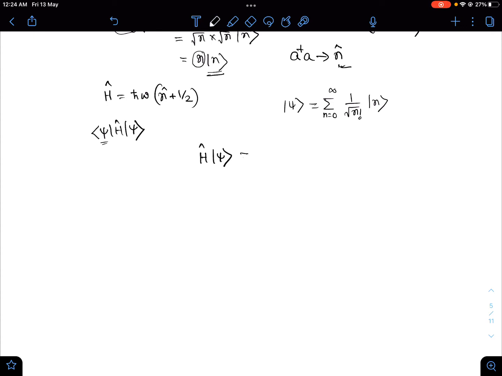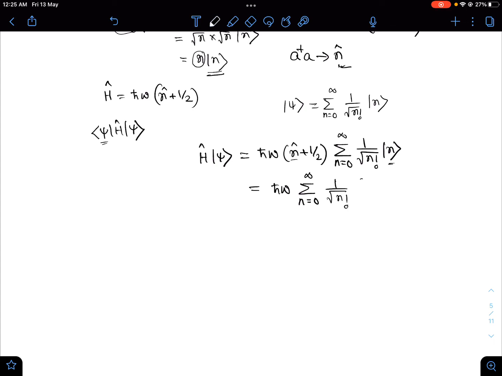So H psi, what will be the value? It will be ħω(number operator plus half) acting on this. So the sum over n from 0 to infinity, with 1 by root n factorial. Now if the number operator acts on this state, it will give n, and for the second term it will give half.